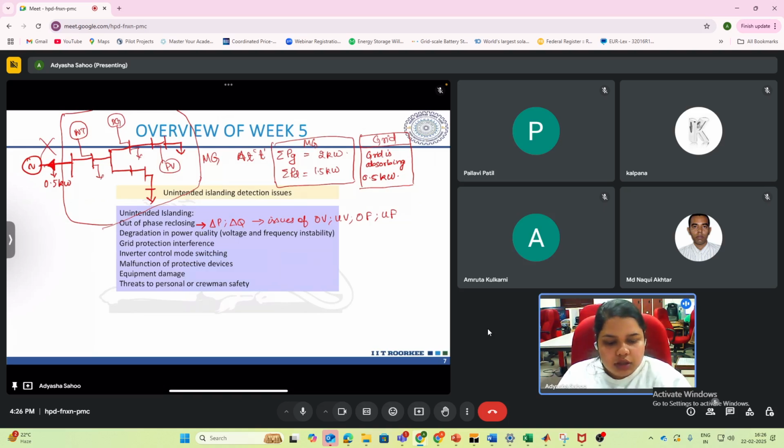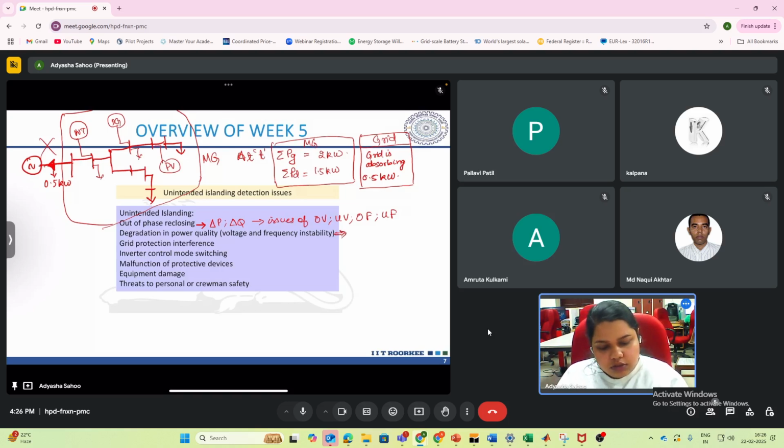These may hamper the devices installed in the microgrid. Further changes in the voltage and frequency may lead to degradation of the power quality.